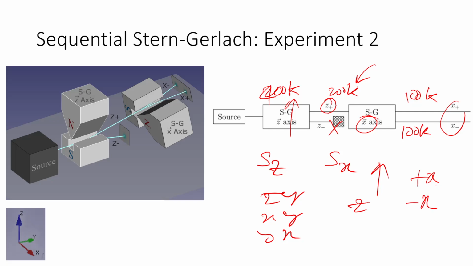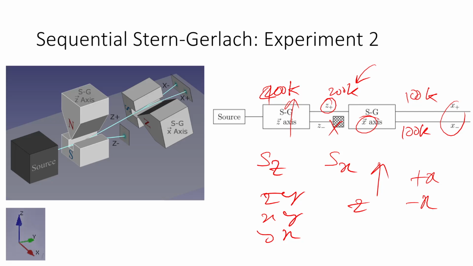A more appropriate way is spin left or spin right along the x-axis, and there's this 100% uncertainty along the other axis. This is the weird uncertainty which we see only in quantum mechanics, and this kind of uncertainty is not seen in classical mechanics.